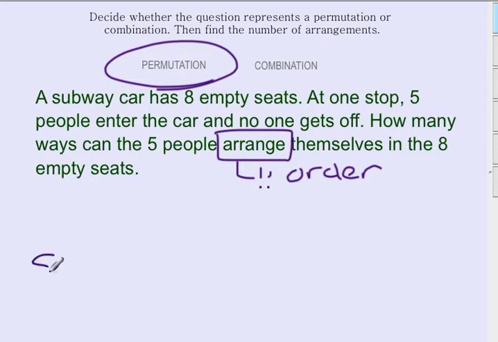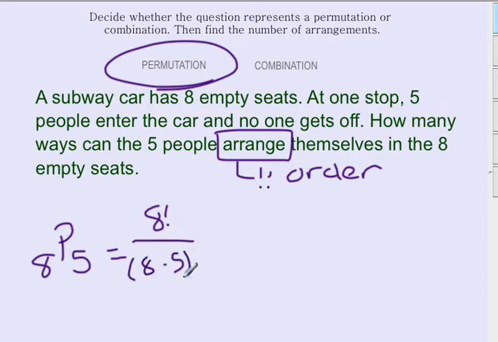So we have a total of 8 empty seats, and we're picking 5 of them. So let's go ahead and take a look. At top, we're going to do 8 factorial. And then on the bottom, we're going to subtract and do 8 minus 5 factorial. Okay? So when we do the permutations formula, remember we don't have that extra factorial on the bottom. So this is simply going to be 8 factorial over 3 factorial.